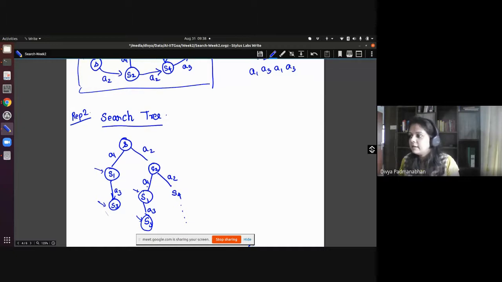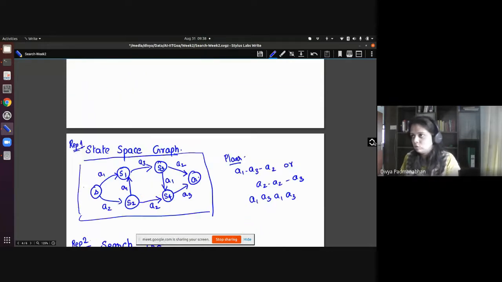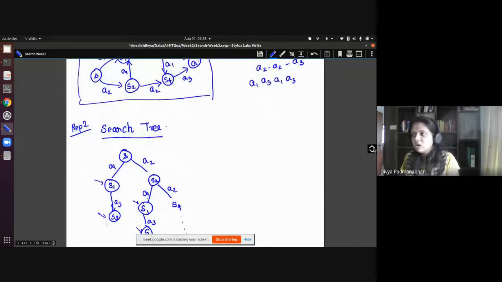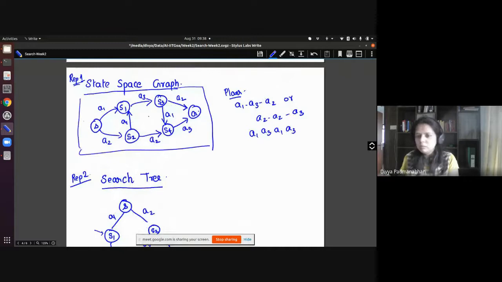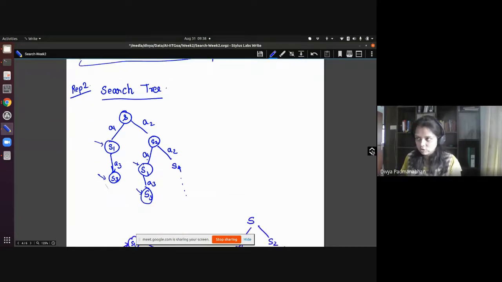What you're trying to do is find a plan from the search tree or the state space graph. Because of the compact representation, we usually prefer a state space graph. The search tree is going to be useful today when you see things like how to do an analysis. There the search tree concept is very useful.